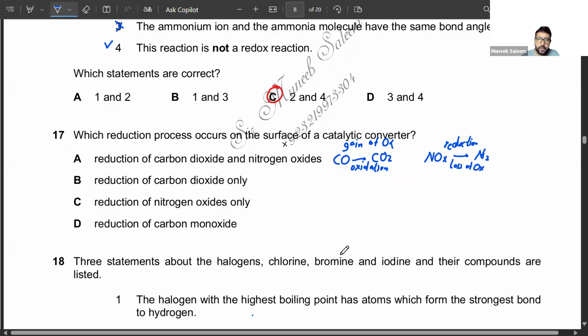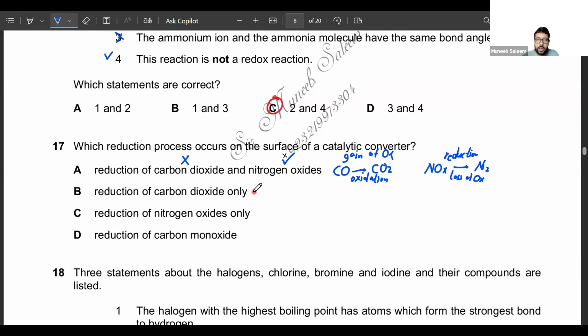So this part is correct, that there is a reduction of nitrogen oxides, but the second part is incorrect because there is oxidation. There is conversion from carbon monoxide into carbon dioxide, not the inverse process. So this is totally wrong.